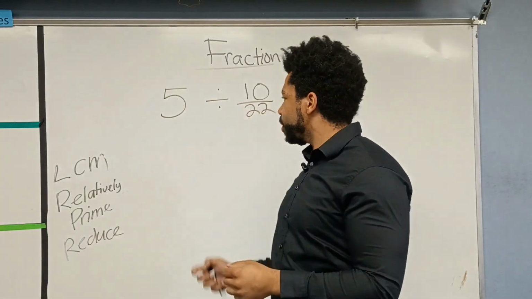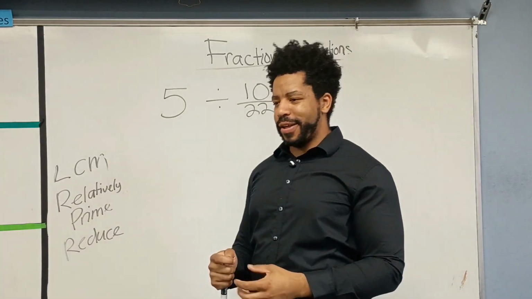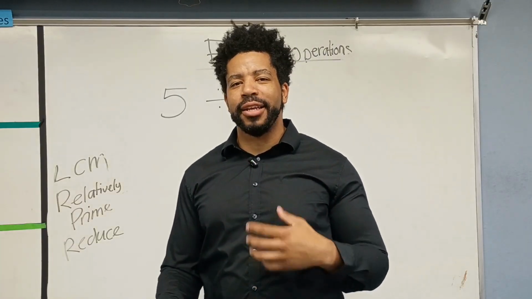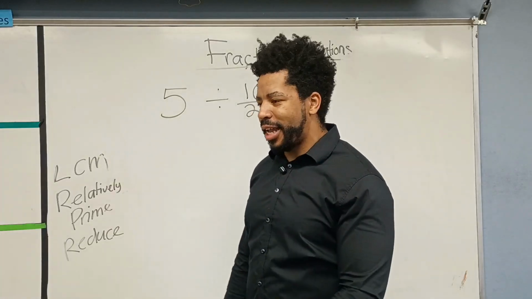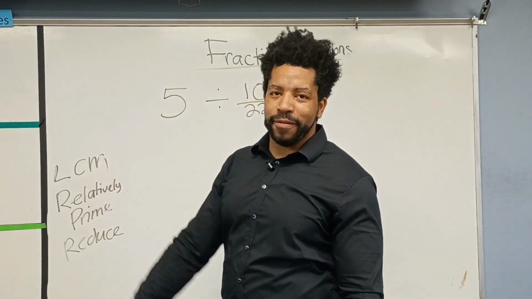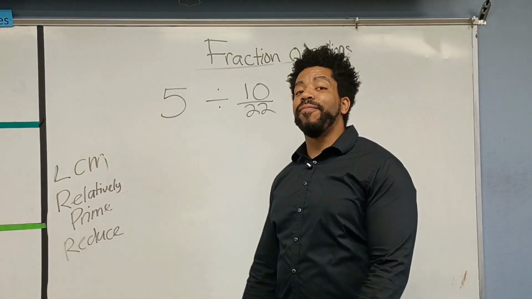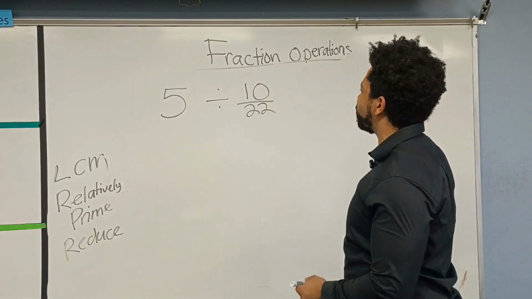And what we do here, we use the knowledge of classifying numbers, being able to identify what type of number is. And we use that knowledge in order to help us solve this. It's what we would consider invisible math. So let's go ahead and try to solve this.